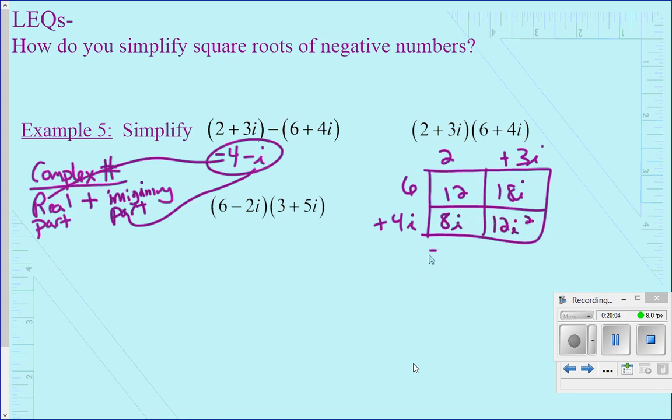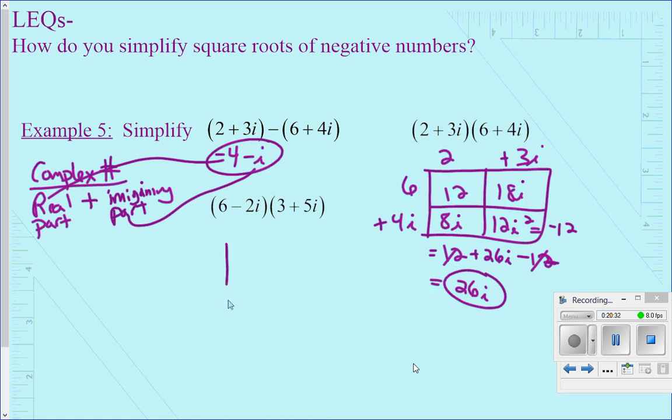I'm going to combine like terms, so I have 12. I have 8i and 18i, which is 26i, and I have 12i squared, which I can simplify. We know 12 times negative 1 is negative 12. So I'm going to now combine the 12 and the negative 12, because they're like terms, which are going to cancel out, and I'm going to be left with just 26i. And that is my solution.